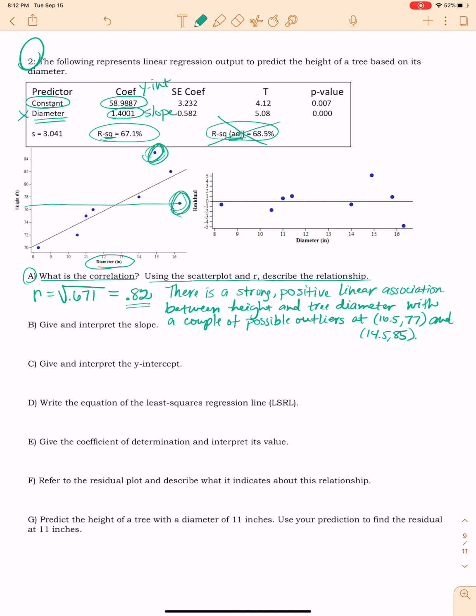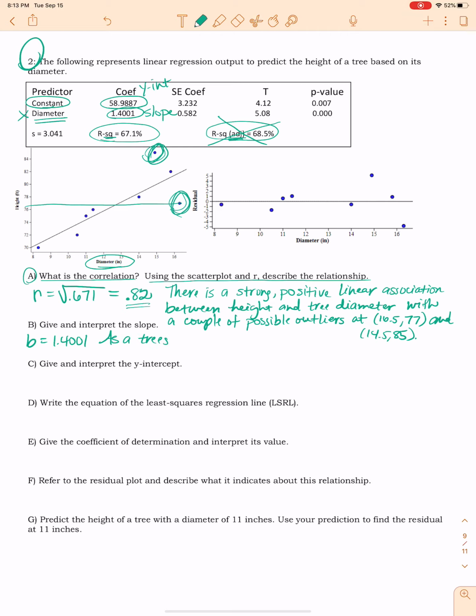All right, so part B, give and interpret the slope. Well, you know what, I used the wrong letter. The slope is 1.4001, and how do I interpret that?